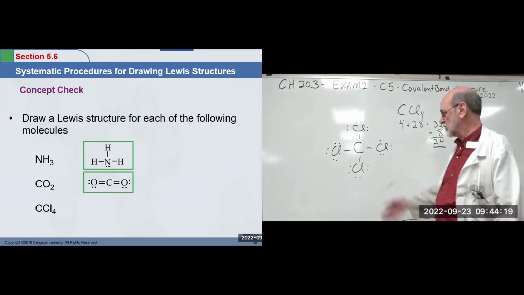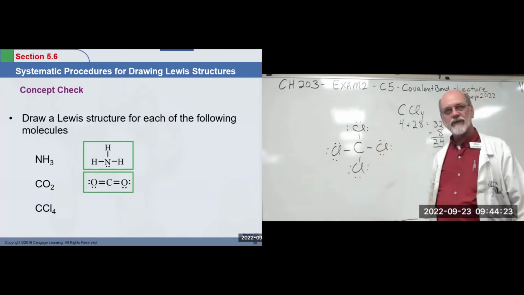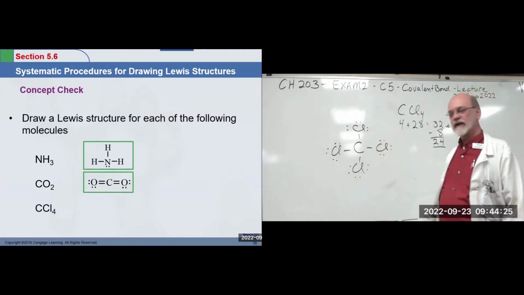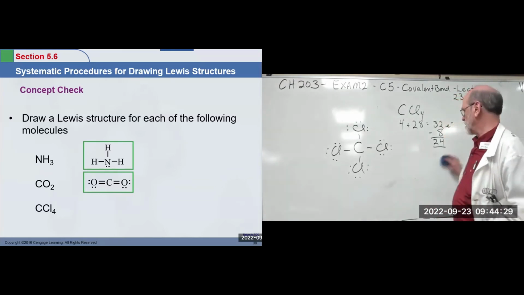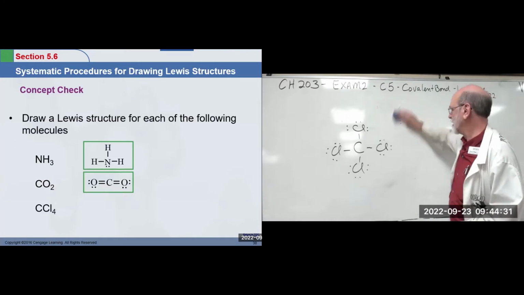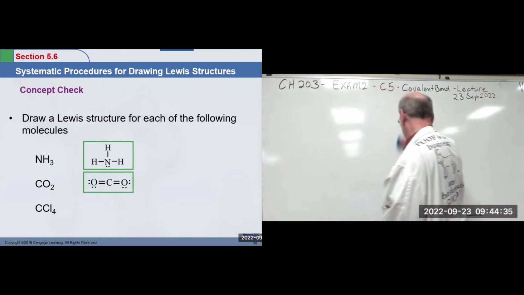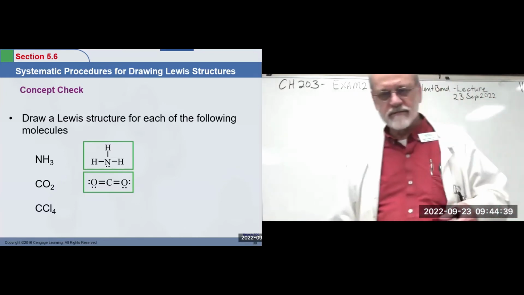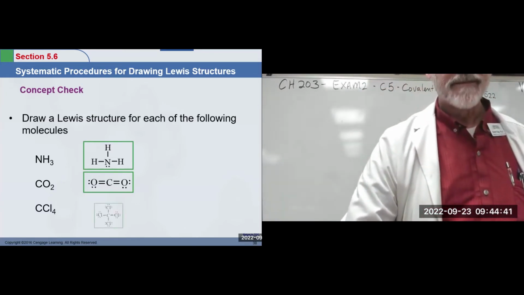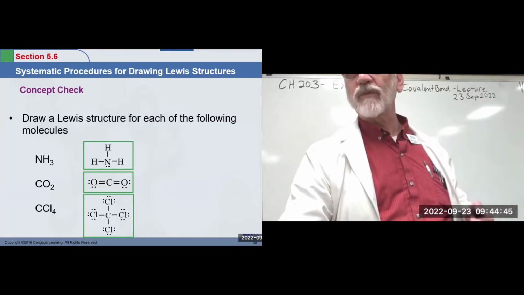So we could just put carbon up there, form the 4 bonds, slap in the chlorines, and fill in the electrons to make an octet for everybody. And then it's probably a good idea to count them up too, to see if you didn't create or destroy matter in the process.